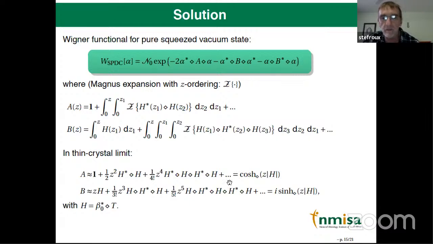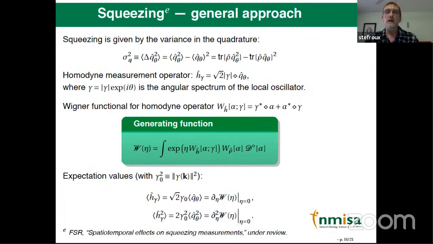So now I can sum this sequence, at least formally, to obtain a functional version of the hyperbolic cosine function with the H in the argument, and in the B case, it's the hyperbolic sine function. And these are familiar in terms of these solutions. So now I'm going to use this solution to study the squeezing in the state.